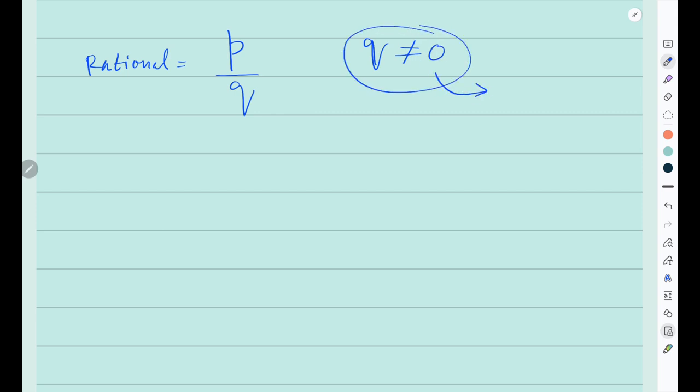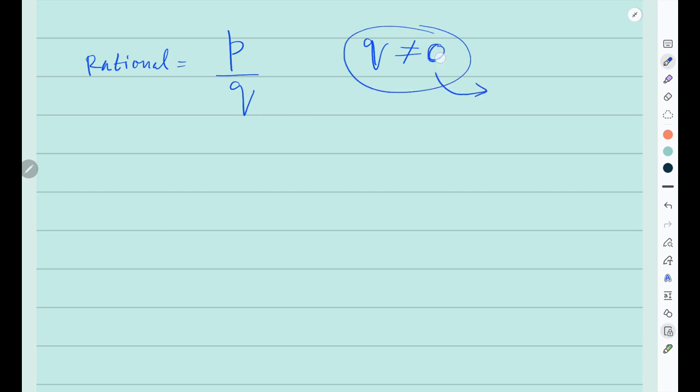Okay, so basically the definition of a rational number is that a rational number is a number which could be expressed in terms of P and Q, where Q is not equal to 0. And why is that?